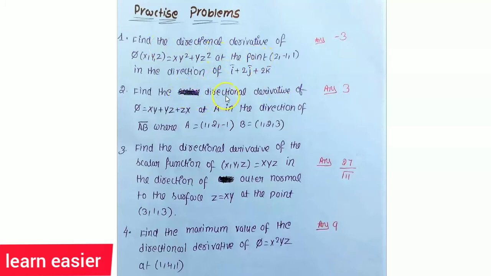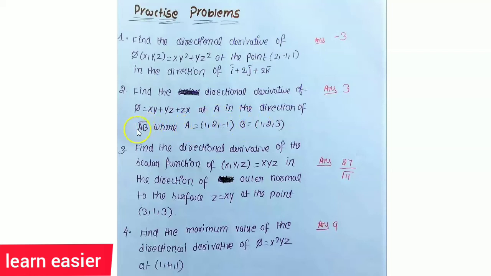Now look at the second problem. The second problem is the directional derivative of this function at A. So you have to find the same del f, del phi, at the point A and in the direction of AB bar. So you have to find the line vector. So what is the line vector? OB bar minus OA bar. So OB is i bar plus 2j bar plus 3k bar, and OA bar is i bar plus 2j bar minus k bar.